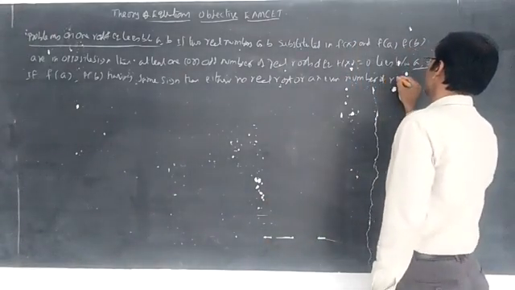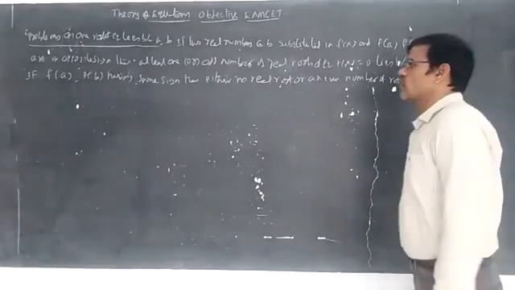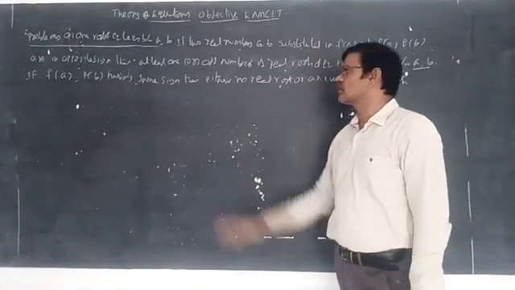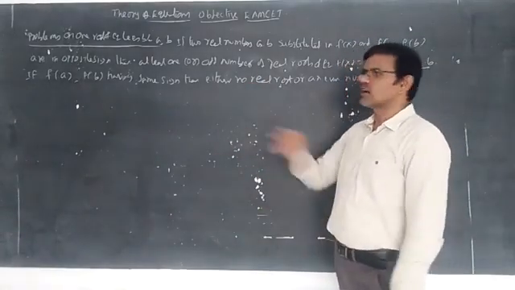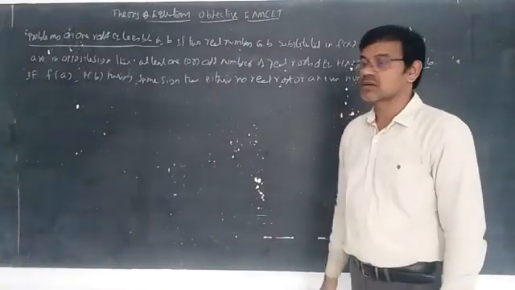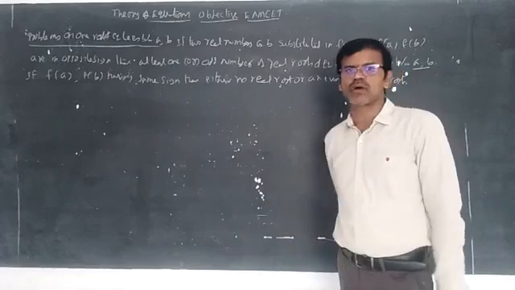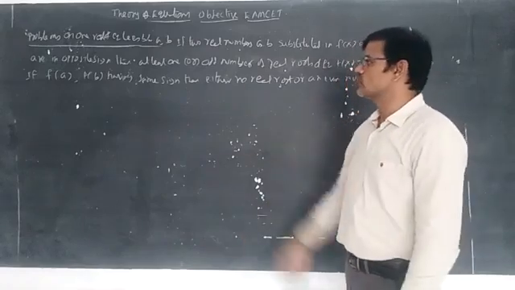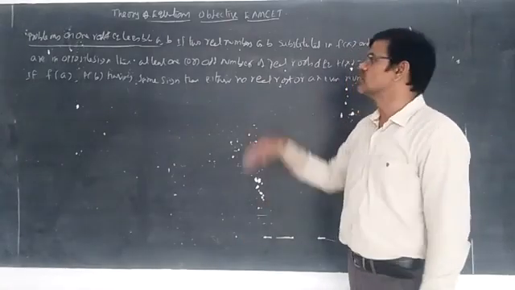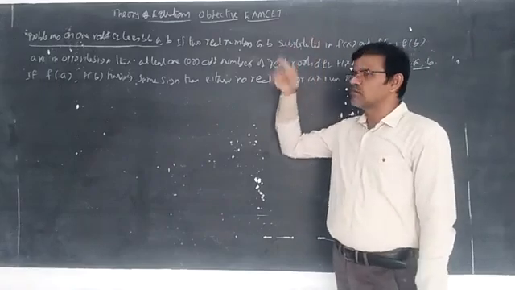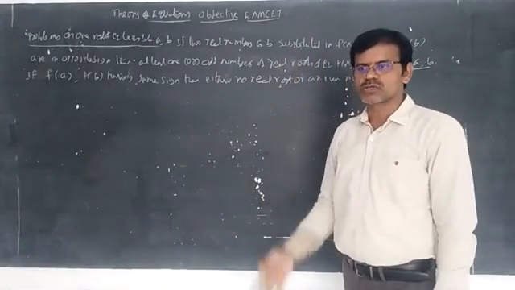Students, if it is a quadratic equation, we can directly say no real root, because they have only two roots. But in theory of equations, we are discussing nth degree polynomial.